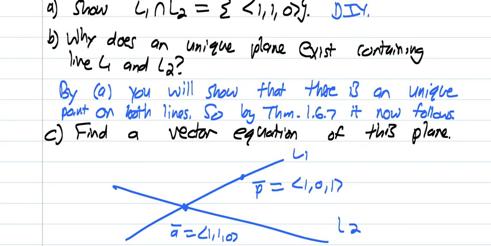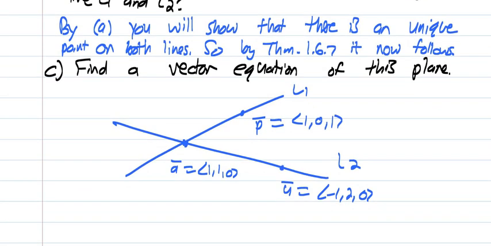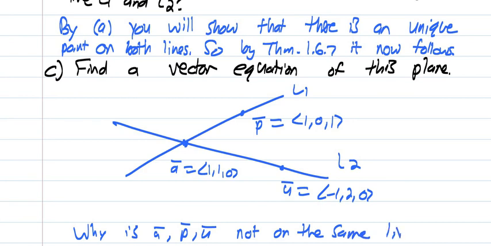And point U is the point (-1, 2, 0). That is sitting on line 2. All right? And I'm going to ask you to verify why A, P, and U are not on the same line. I'm going to leave it for you to think about.